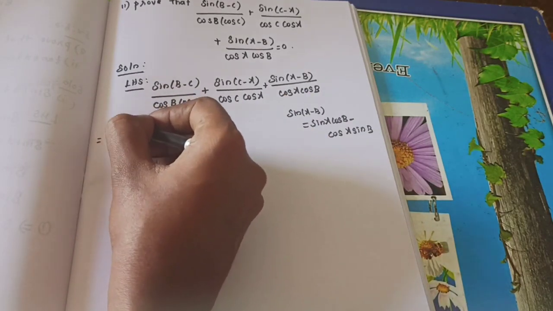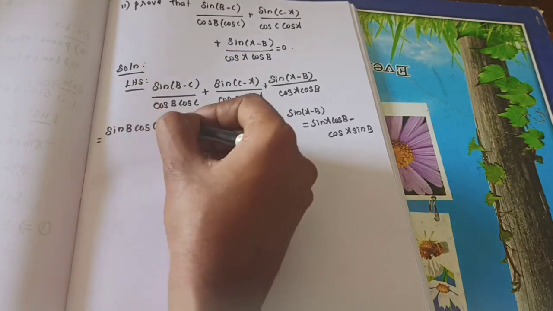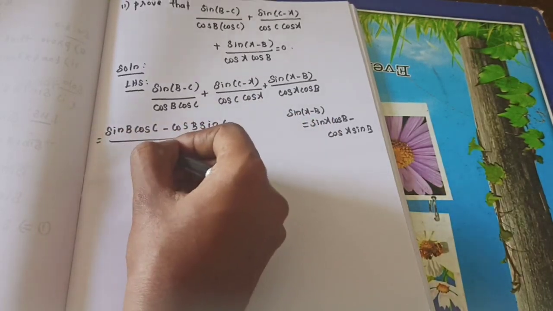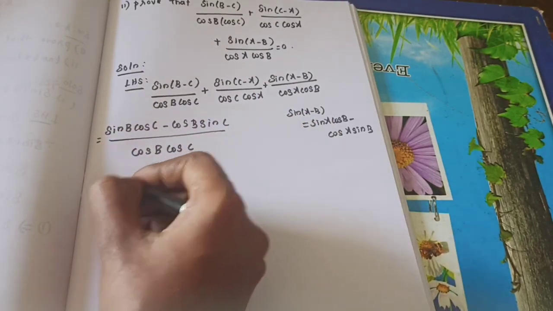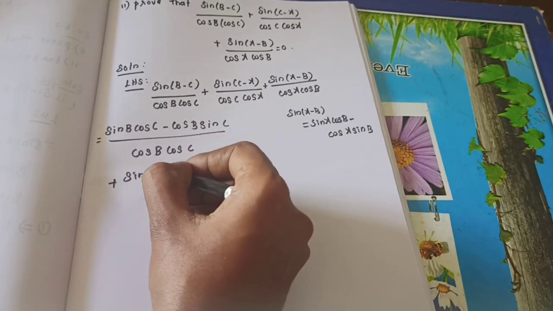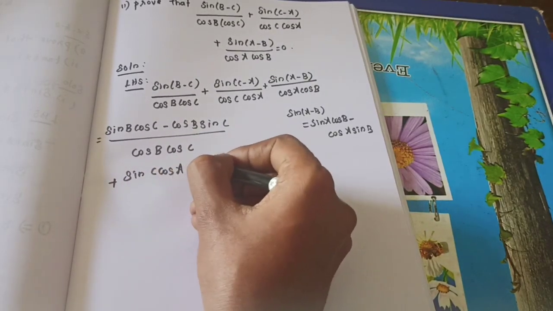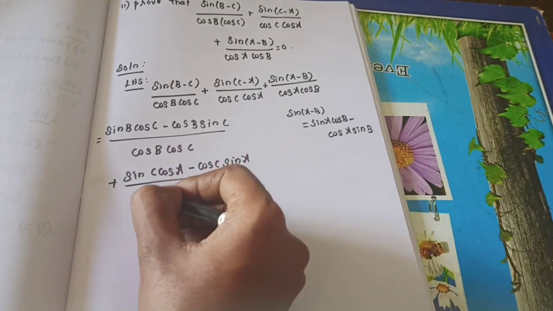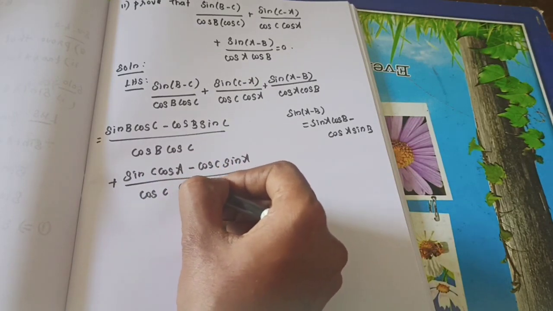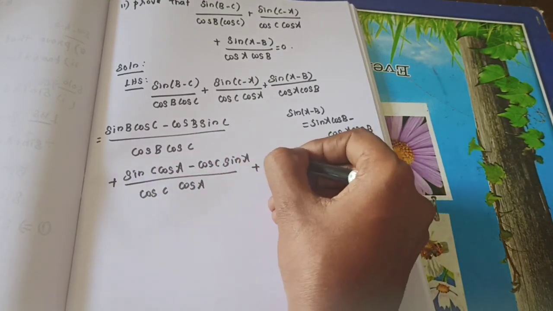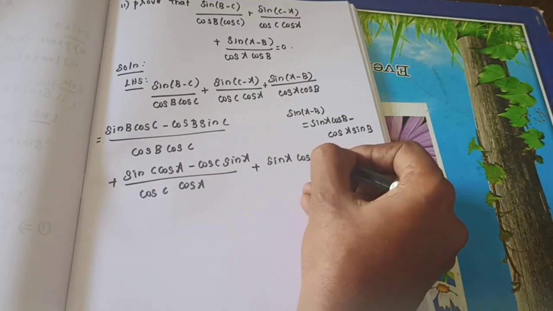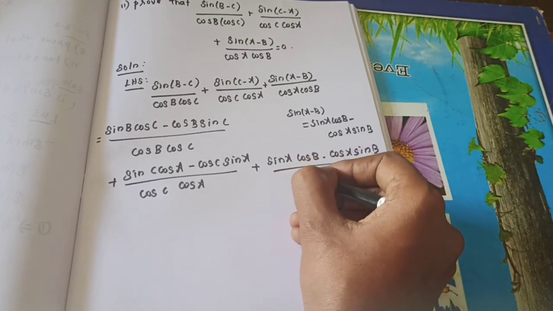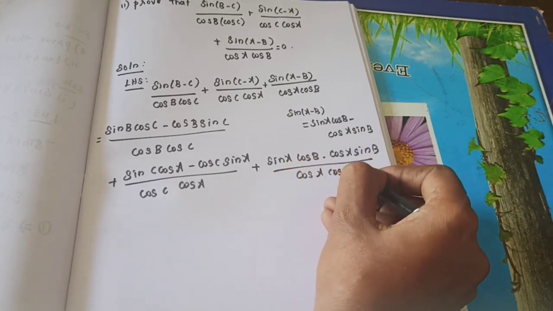Carefully: (sin B cos C minus cos B sin C) divided by cos B cos C, plus (sin C cos A minus cos C sin A) divided by cos C cos A, plus (sin A cos B minus cos A sin B) divided by cos A cos B. Okay.